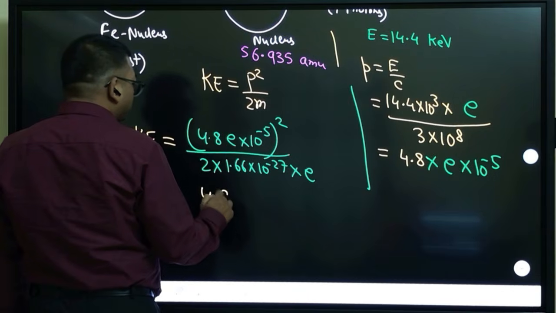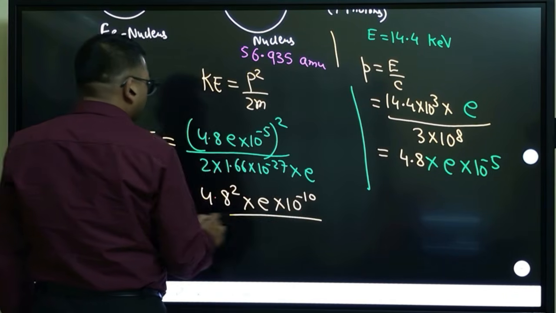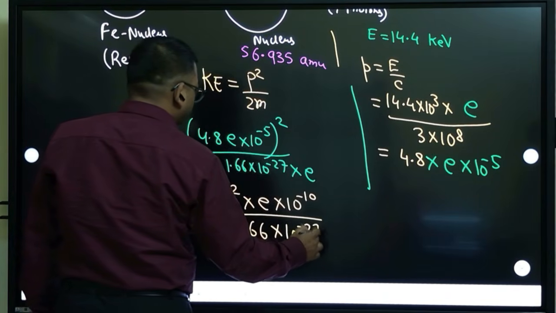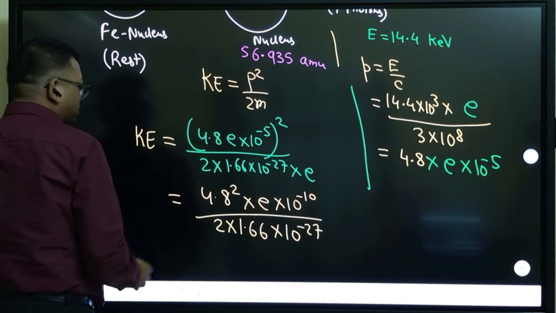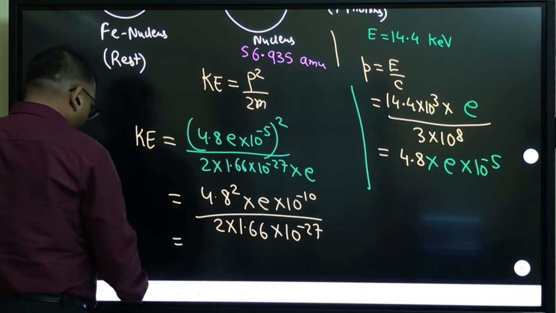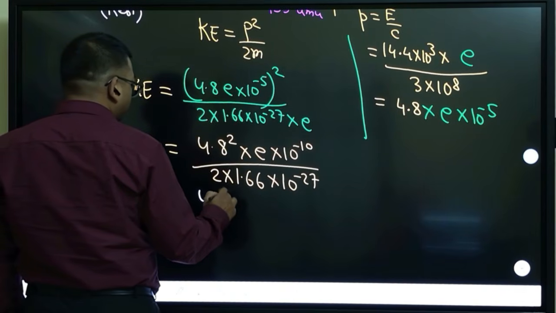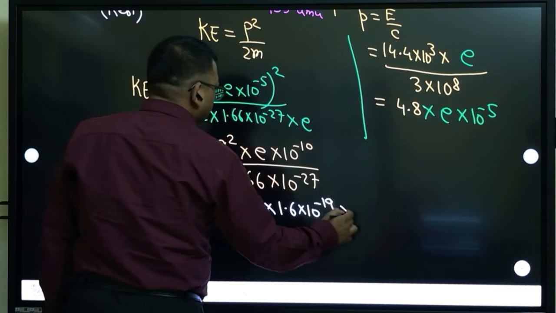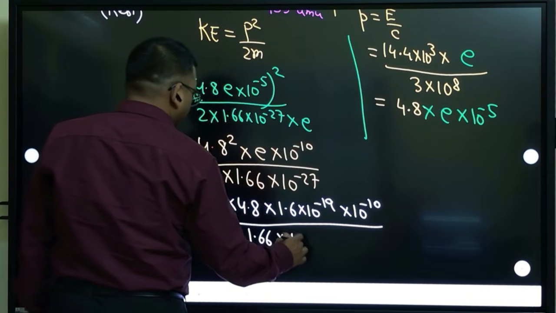So 4.8 whole square, E square, one E gets cancelled, 10 to the power minus 10 comes out, divided by 2 into 1.66 into 10 to the power minus 27. Now the E value you substitute here also: E is 1.6 into 10 to the power minus 19.